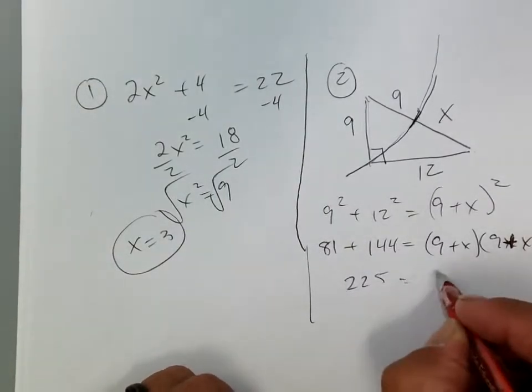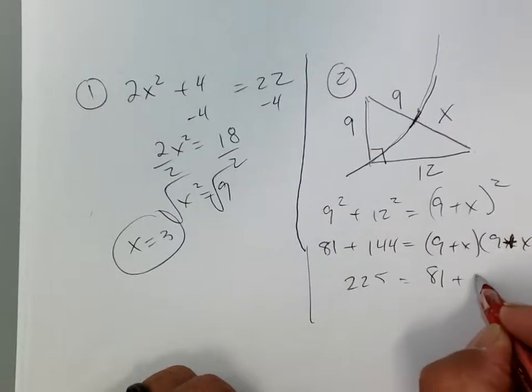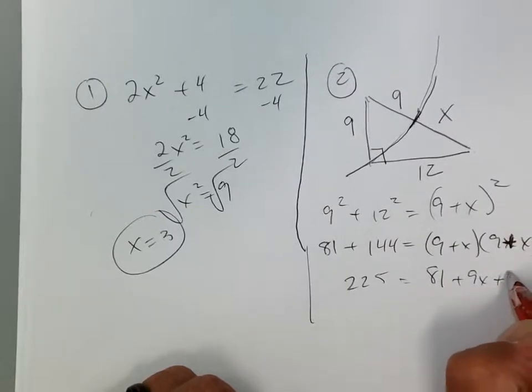And this is going to equal 81 plus 9x plus another 9x plus x squared, okay?